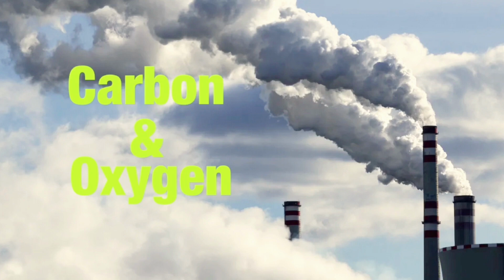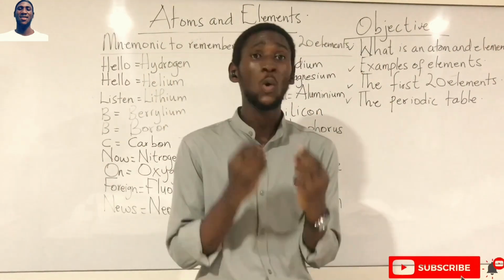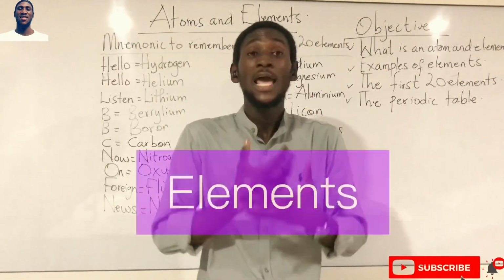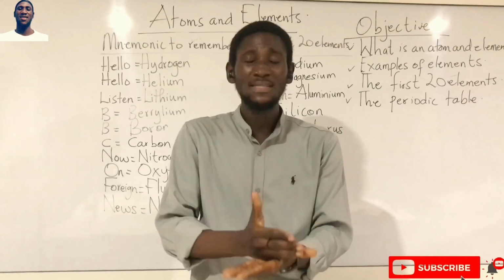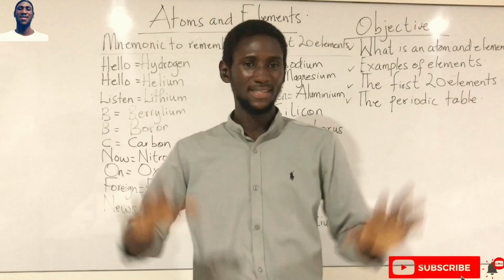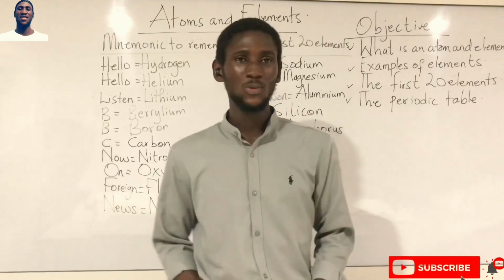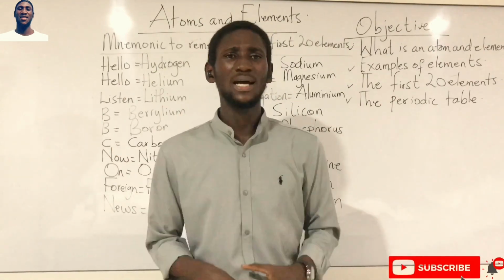Carbon dioxide is made up of carbon and oxygen. So you do realize that everything around us contains elements. Human beings have elements in us. If you want to break human beings down to their very smallest unit, you realize that we are fundamentally made up of elements.